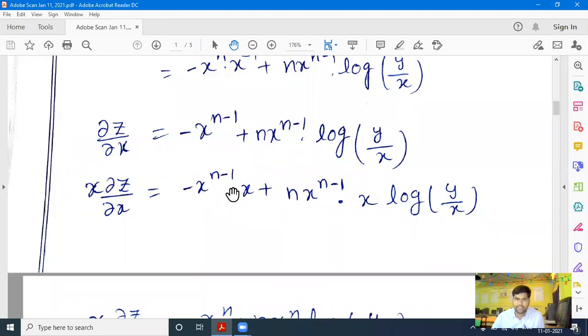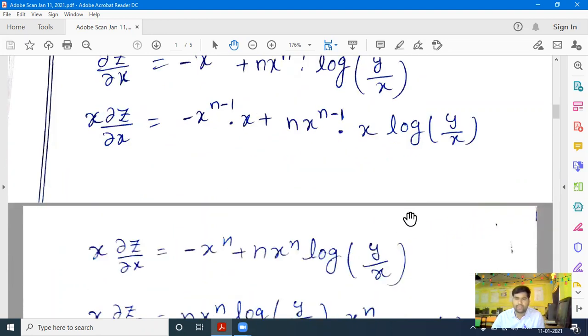This one is x, okay, we are multiplying this one by x. So then what happened? Minus x whole to the power of n minus 1 into x, plus n into x to the power of n minus 1 into x log of y by x.